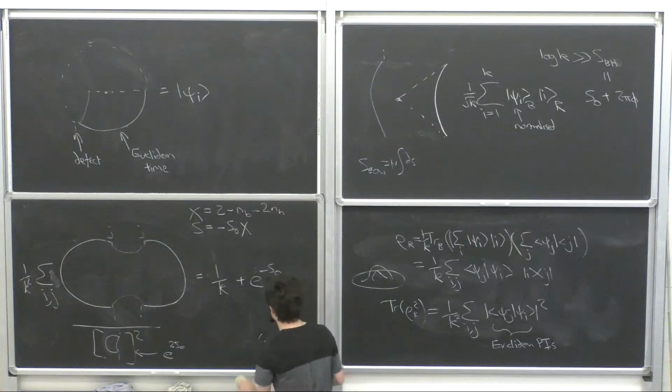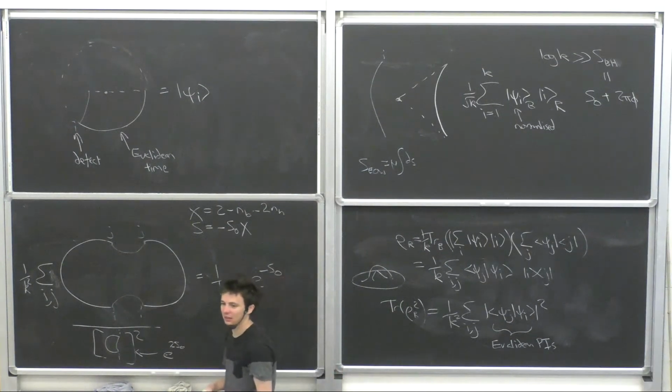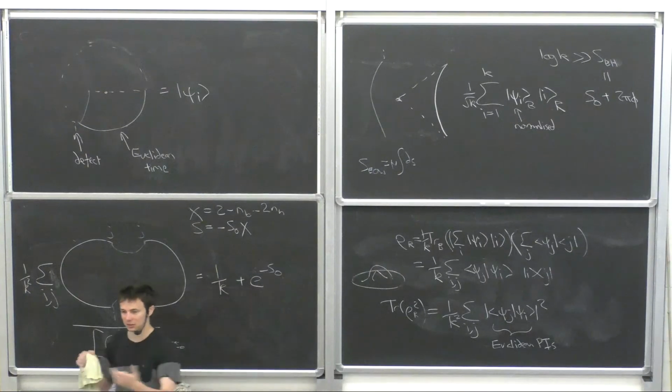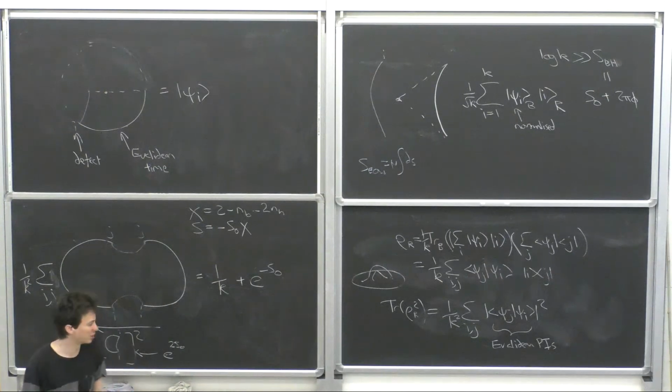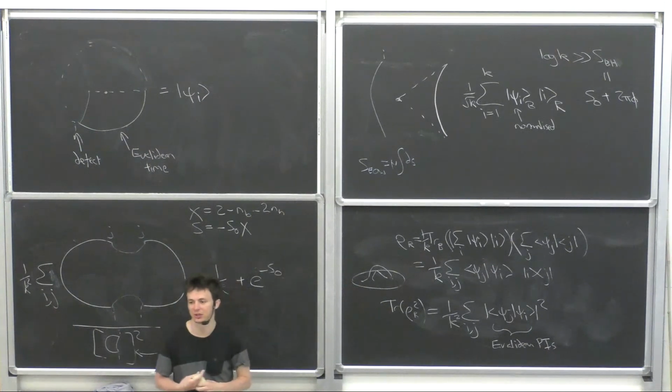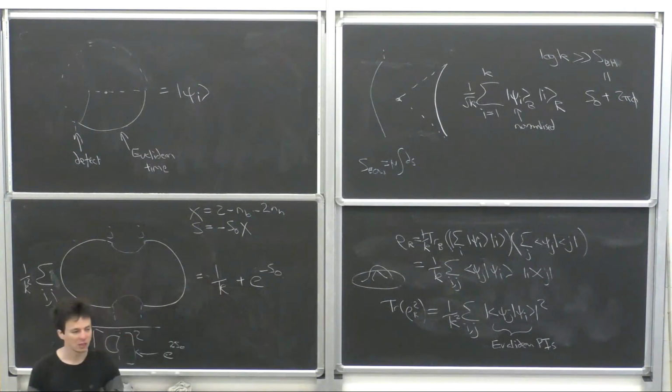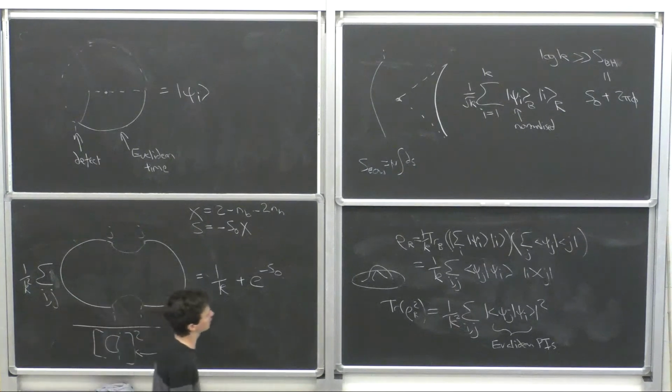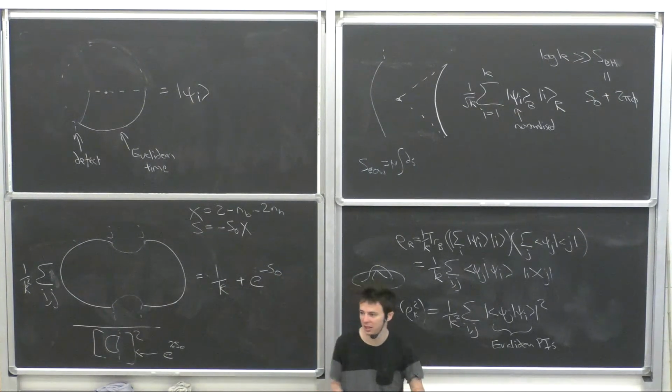So this is saying that no matter how big we make k, the Renyi 2 entropy, the purity, is not decaying forever. It looks like it's saturating at something around the Bekenstein-Hawking entropy of the black hole.